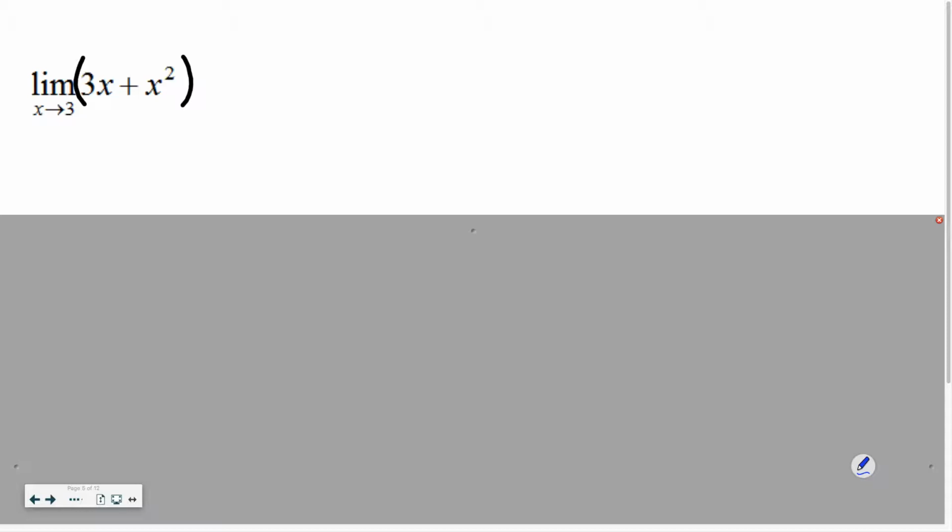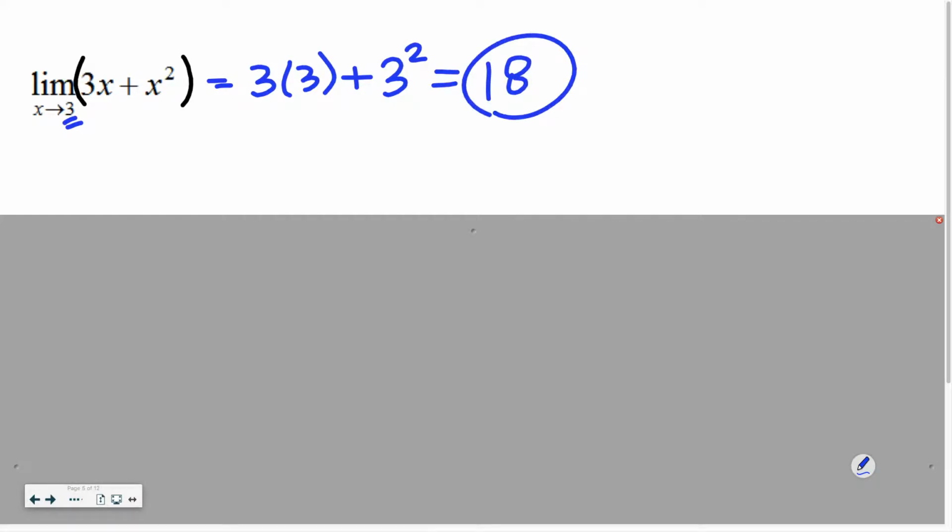All right, Owen says plug in 3, we get 18. This is a polynomial. We're approaching 3, so I can plug in 3, and our limit is 18.